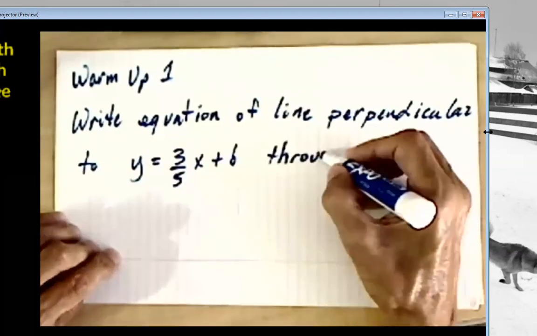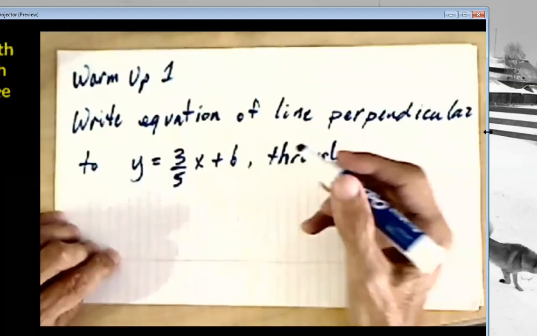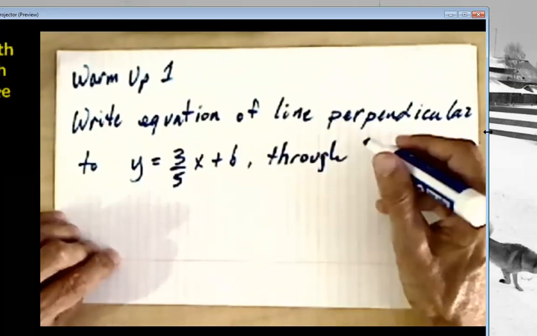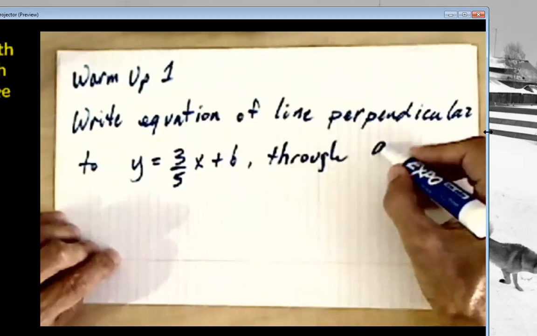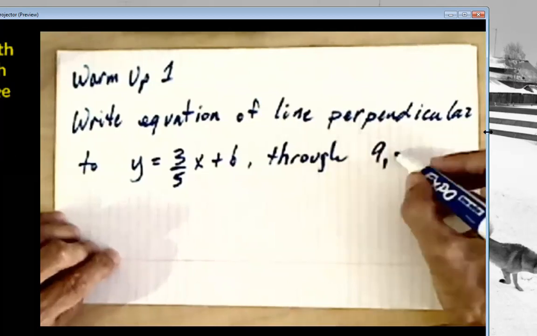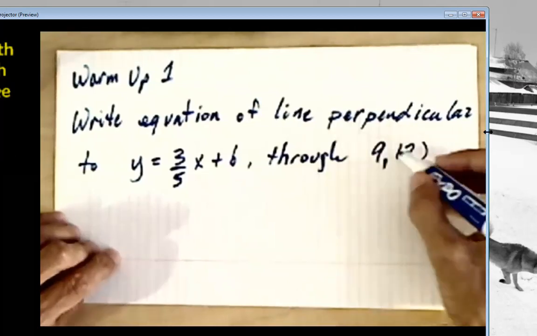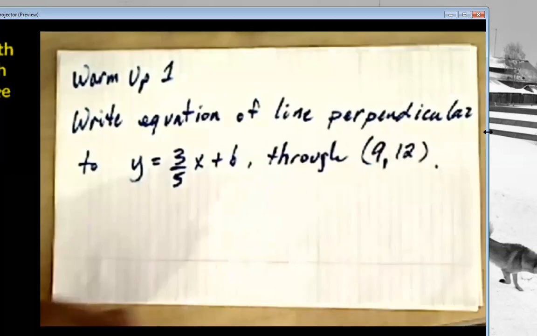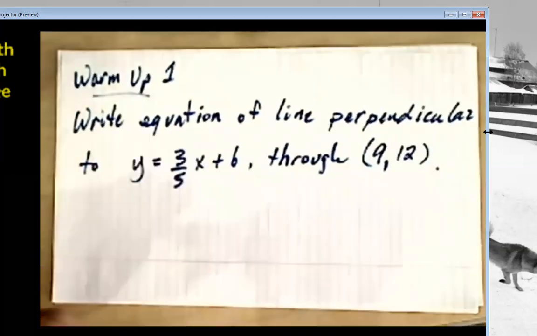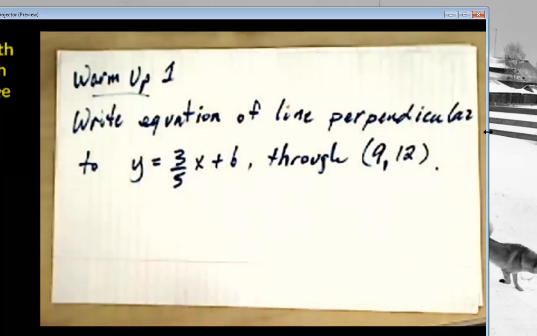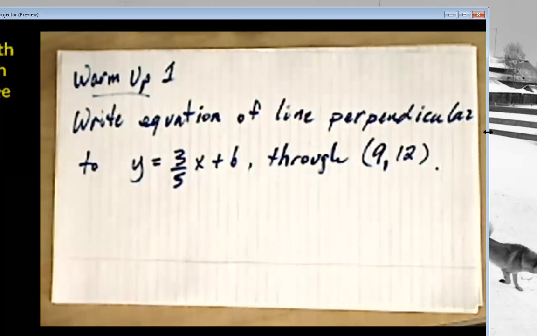And that passes through 9, 12. So how the heck does this work, eh?